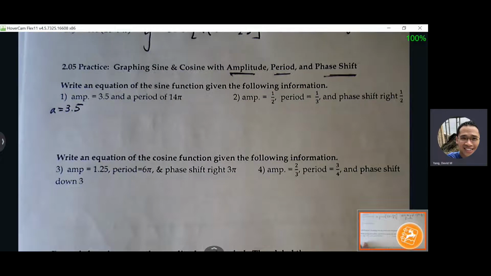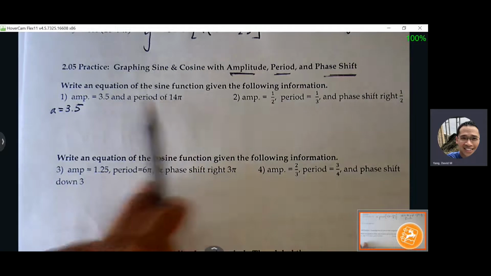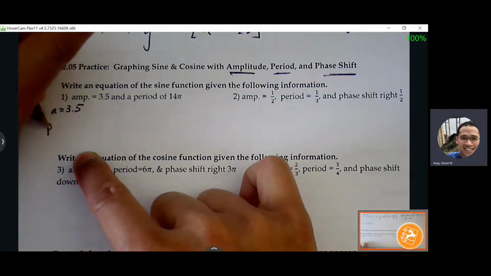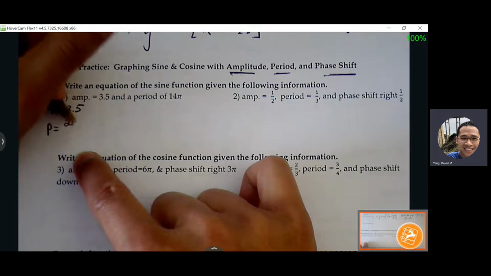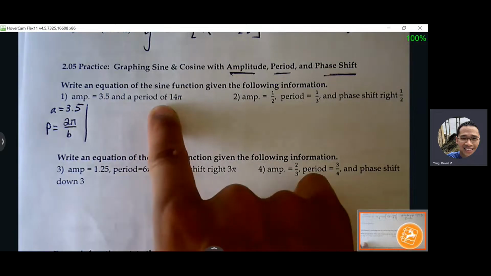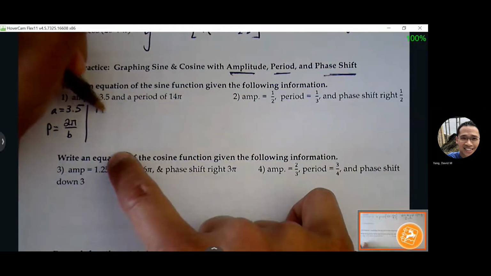Now, technically, we could say plus or minus 3.5 because there's that possibility of reflection, but we can just always do positive if we wanted to. Period is 14 pi, so just like on the quiz, you knew that you got to go through this formula, right? Period is equal to 2 pi over b. So the period for this problem is 14 pi.